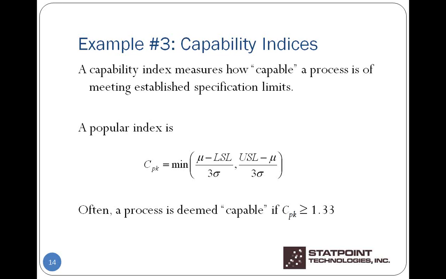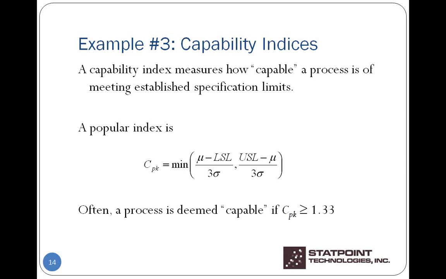A capability index measures how capable the process is. And by that we mean how capable is it of keeping the vast majority of what I'm making within certain specification limits. Probably the most popular capability index is something called CPK.